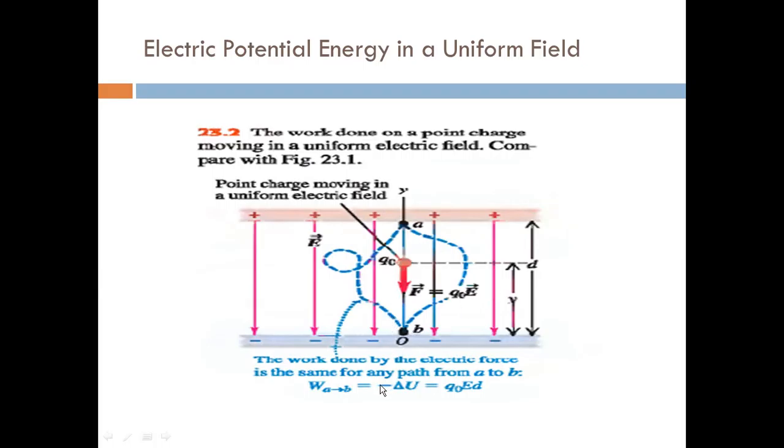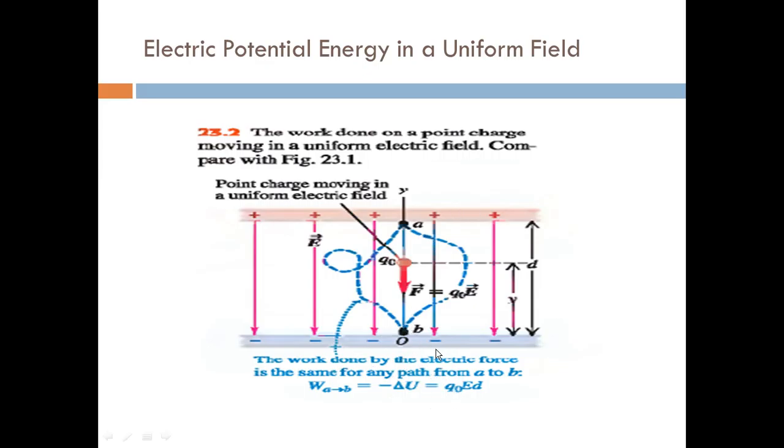Now recall, our definition for work is equal to the product of the force and the distance, or the displacement of the object. So if the displacement of the object is represented by d, the distance between point A to point B, then it follows that the negative change in potential energy is simply the combination of the analogy of quantities between electricity and gravity.